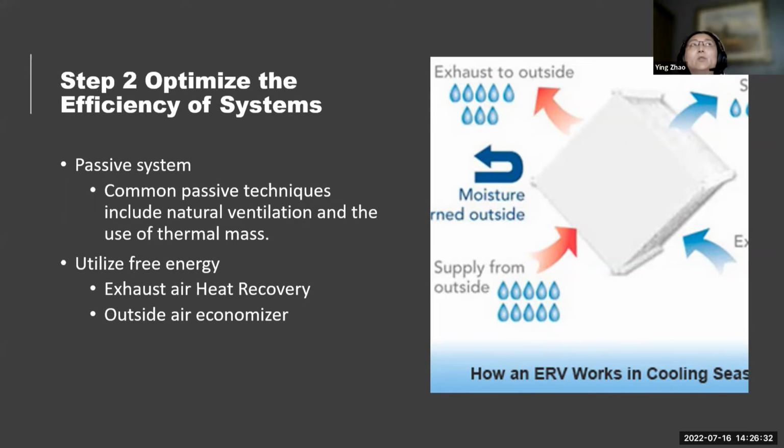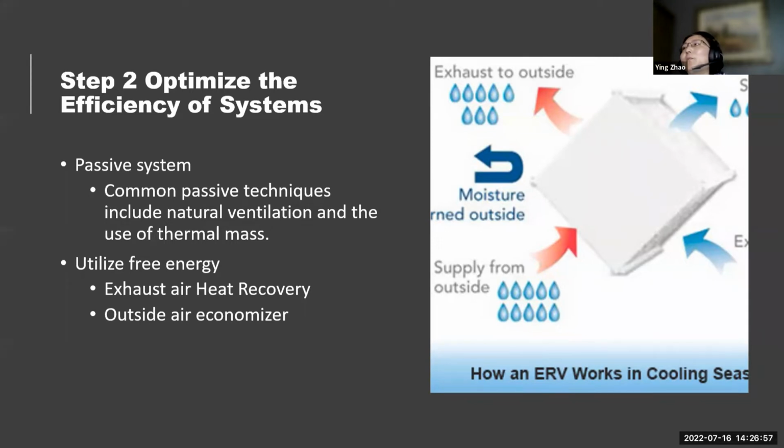to reduce the load. It depends on your temperature. For example, if the outside air is very hot and humid, and inside the conditioned space the temperature and humidity are low, then you use the exhaust air from inside to cool and dehumidify the incoming outside air.